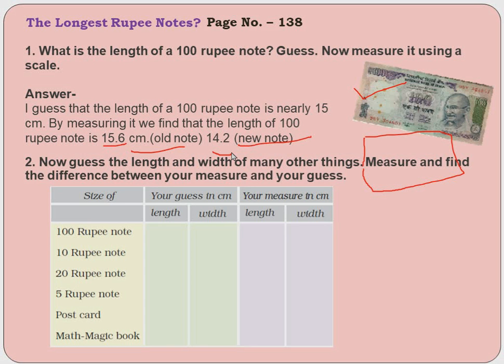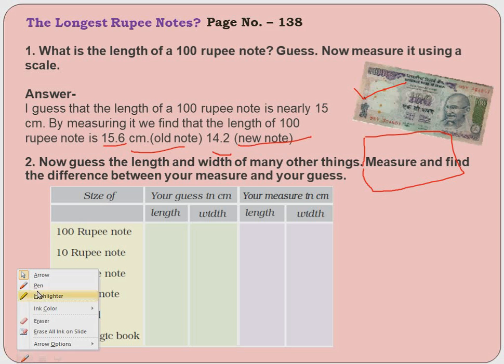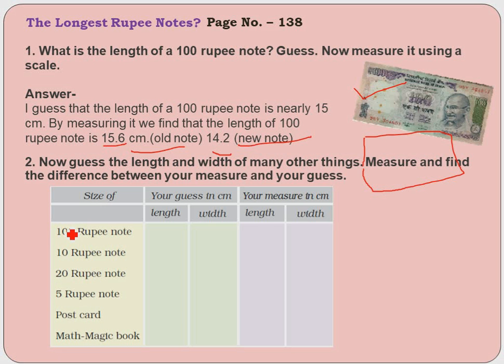Now a tabular column is given for you, in which they have asked you to measure the length and width of different notes: 100 rupee note, 10 rupee note, 20 rupee note, 5 rupee note, and then a postcard, and then your math magic book, your textbook. For this, what you have to do? First you take the note in your hand and then write your guesswork.